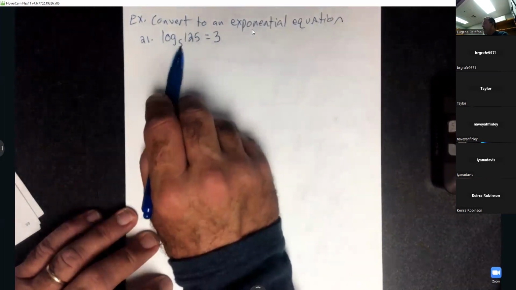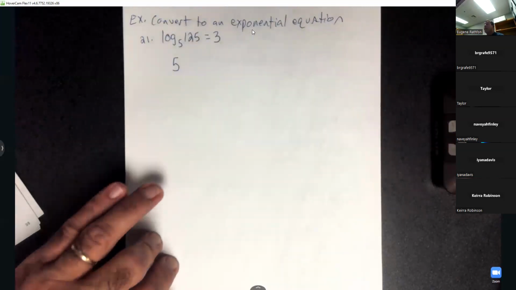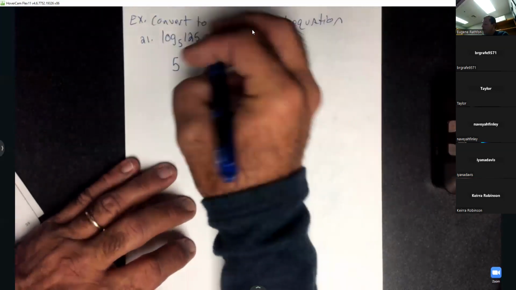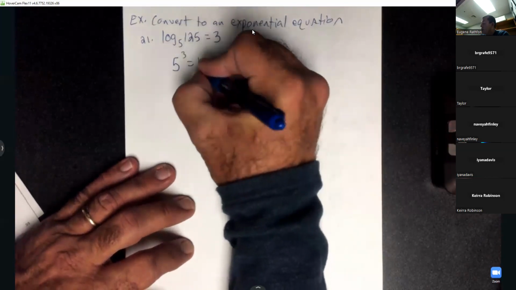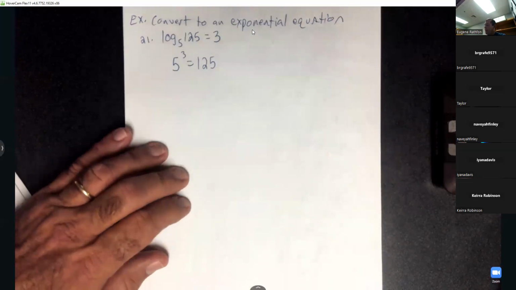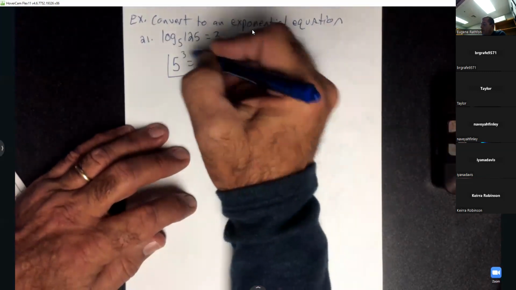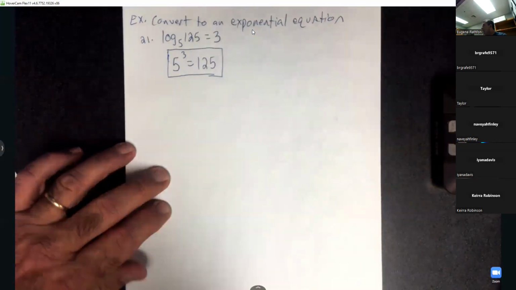So your base is the 5, which is the same thing as the base for your exponential. The exponent is 3, and 5 to the third has to equal that result of a 125. So same thing going the other way.